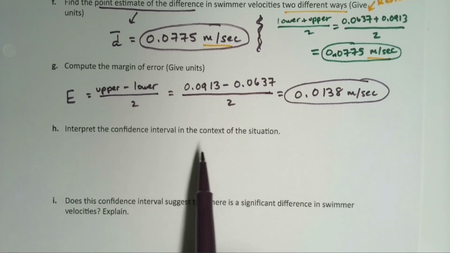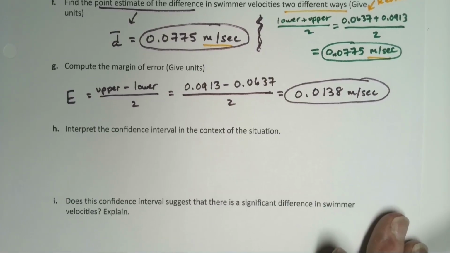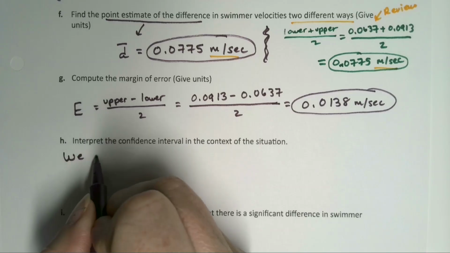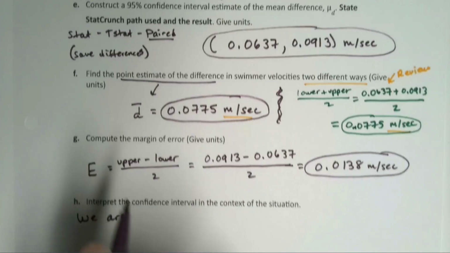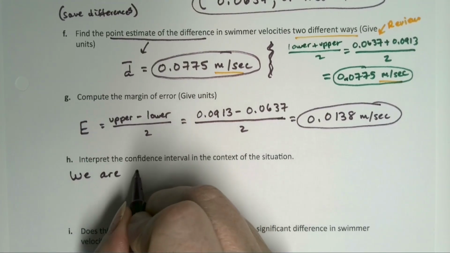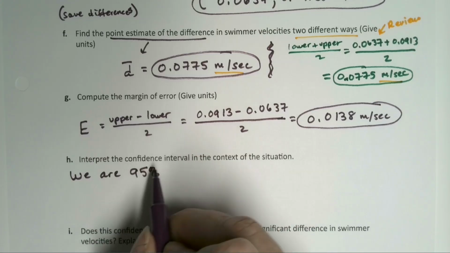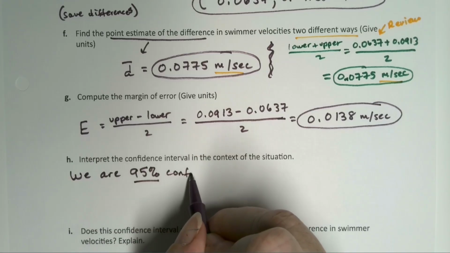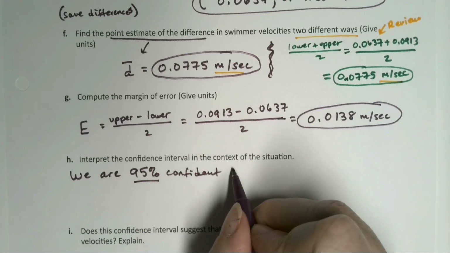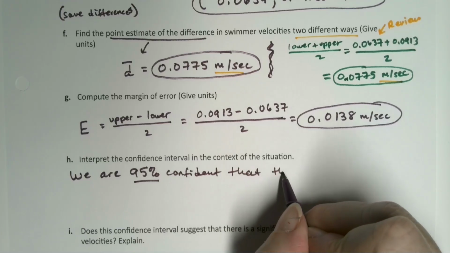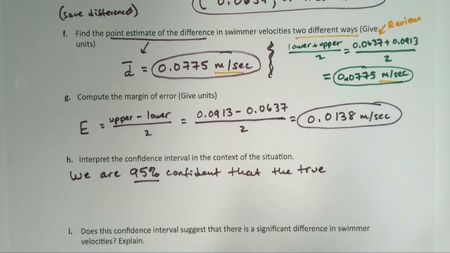Okay, interpret the confidence interval in the context of the situation. Well, we are 95% confident, right? The script hasn't changed from chapter 9, that the true... I just wanted to grab the script.